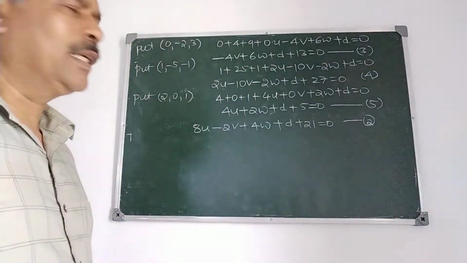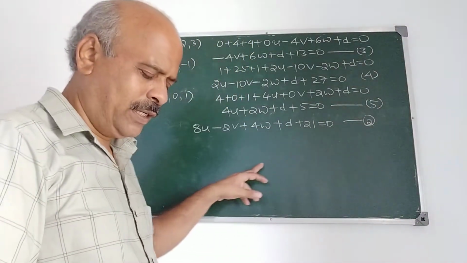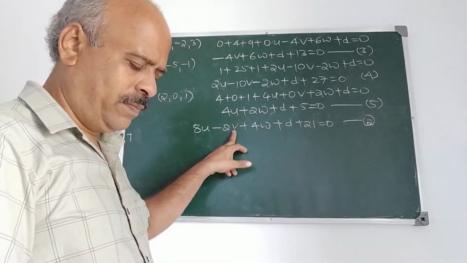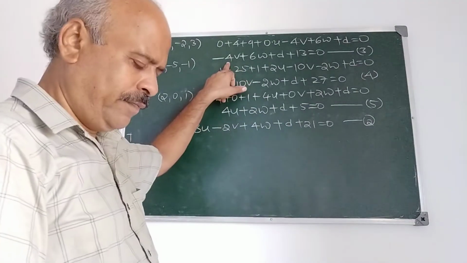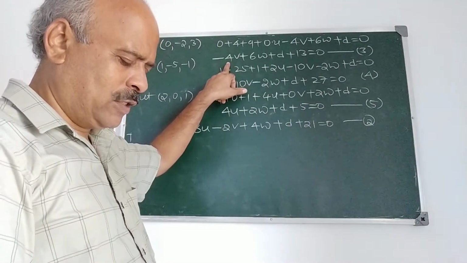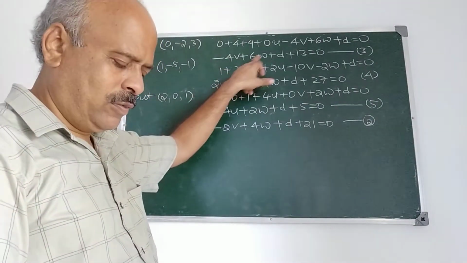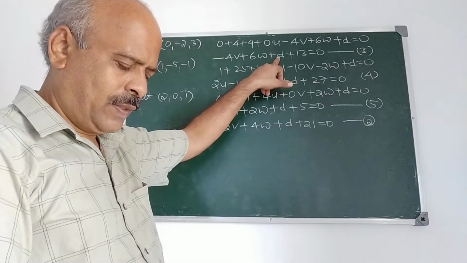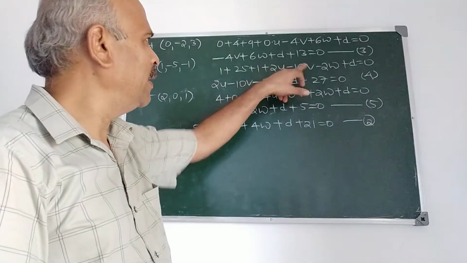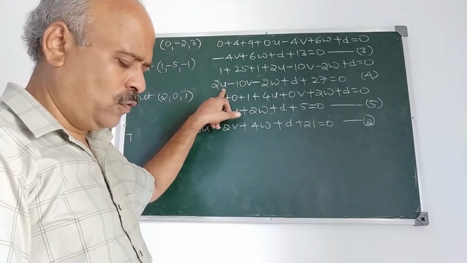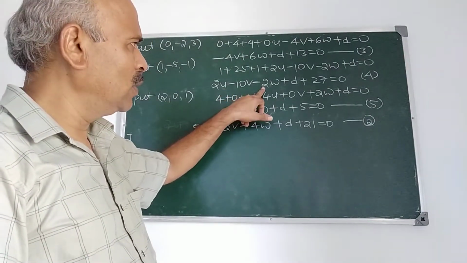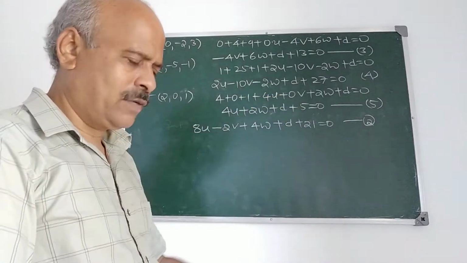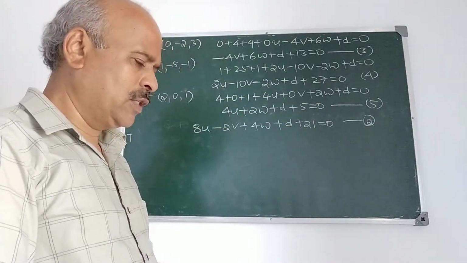What is 3? 3 is minus 4v plus 6w plus d plus 13. What is 4? 2u minus 10v minus 2w plus d plus 27. What is 5?